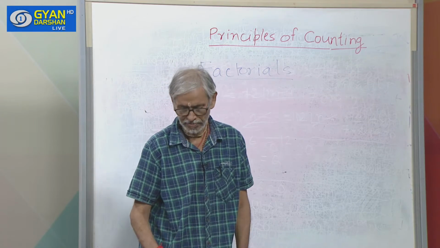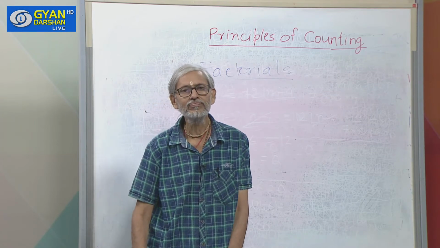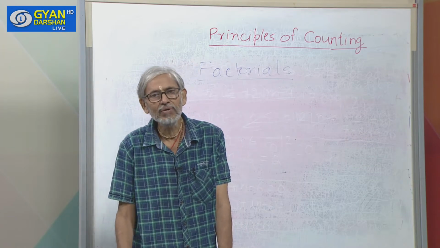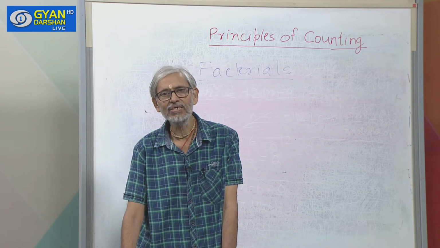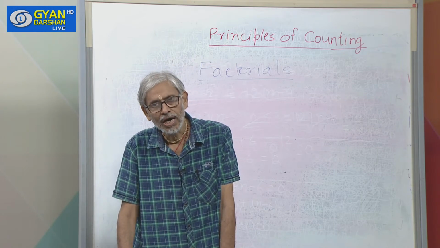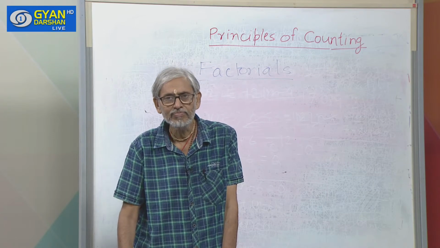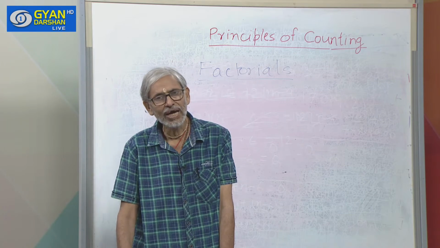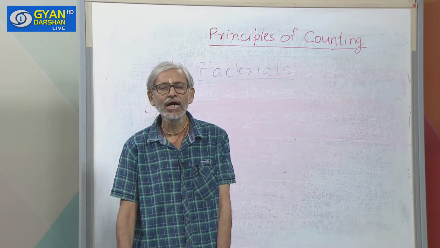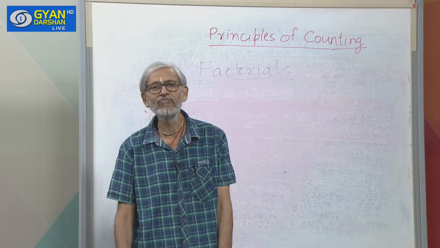So, friends, today we have covered the fundamental principles of counting, that is, fundamental principle of multiplication and fundamental principle of addition, in which if you have to do n jobs and each job can be done in a distinct number of ways.